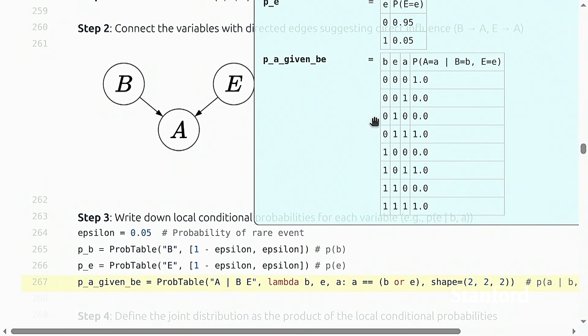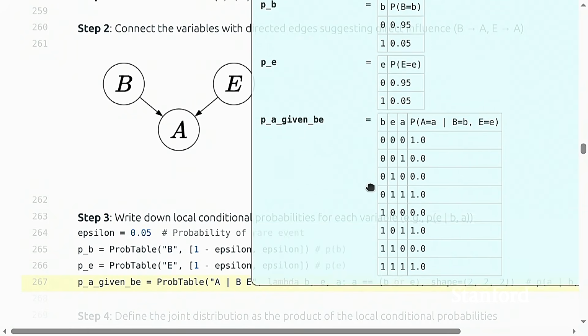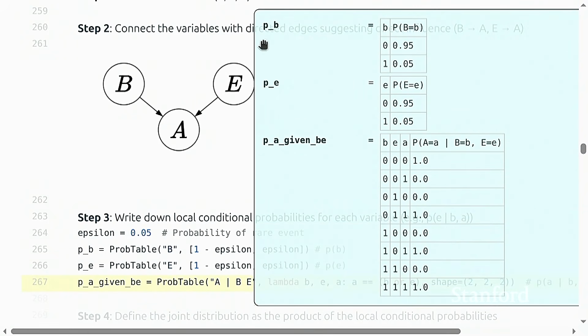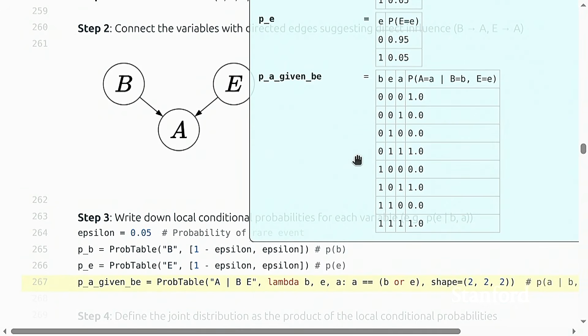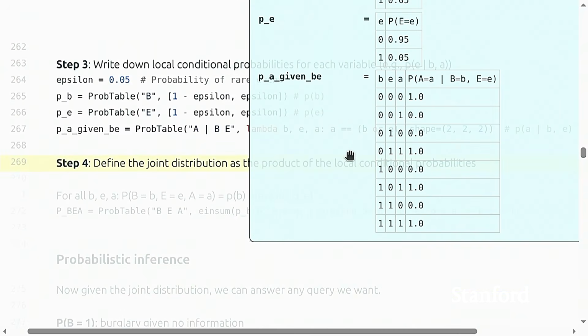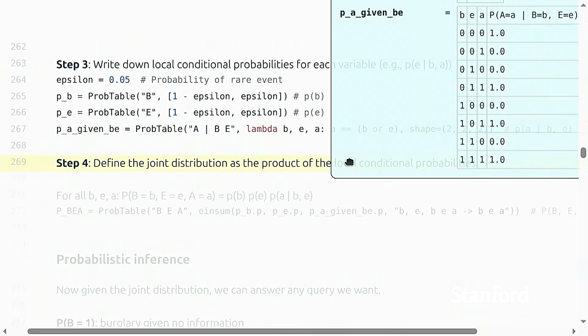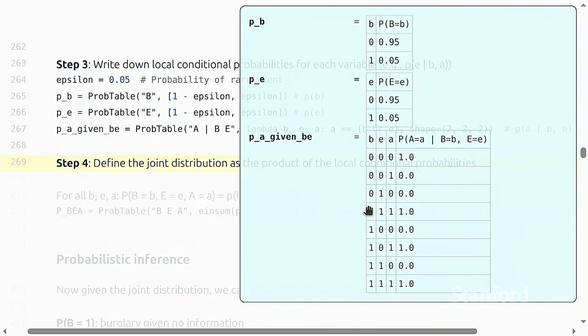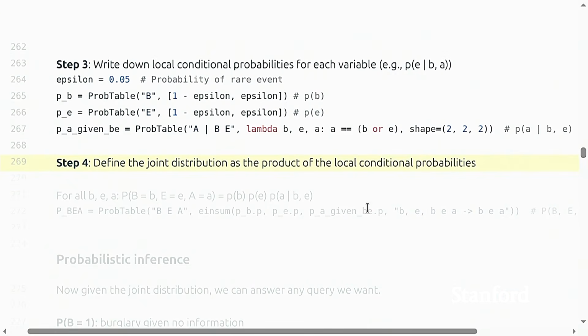So now I have these 3 local conditional distributions, one for each of these variables. And that's the end of step 3. Step 4 is defining the joint distribution as a product of the local conditional distributions.